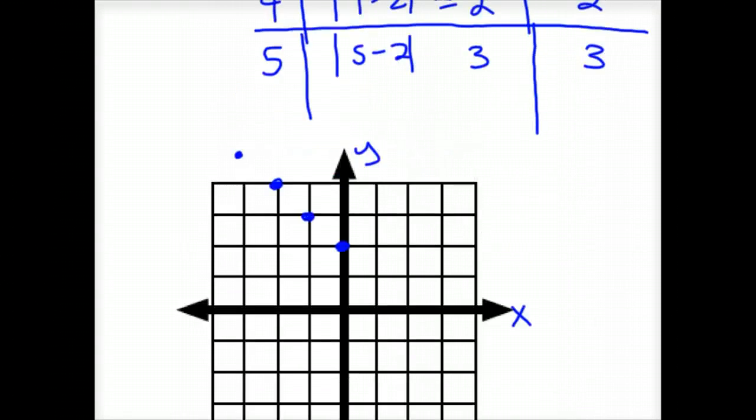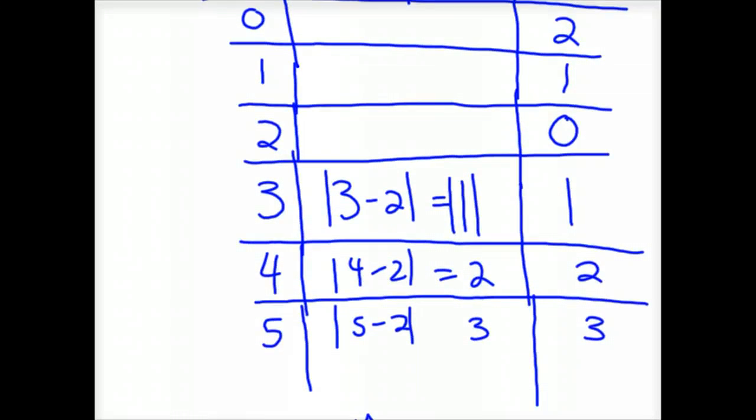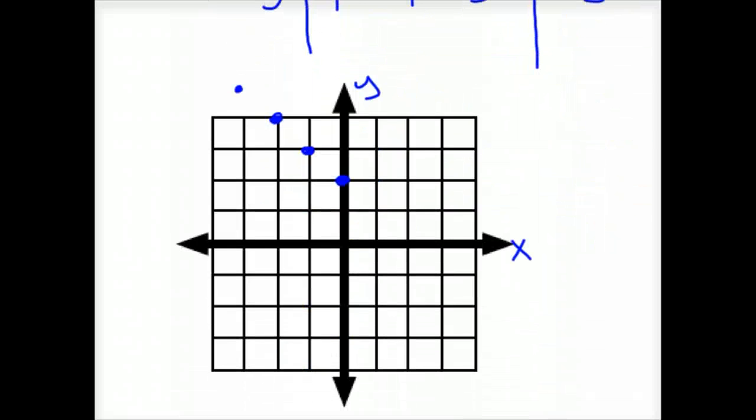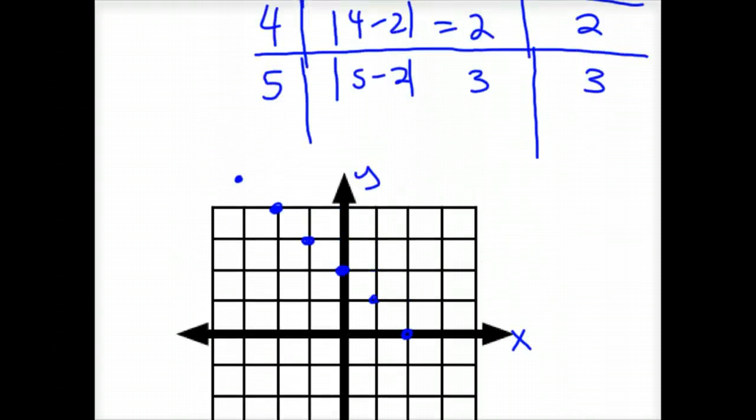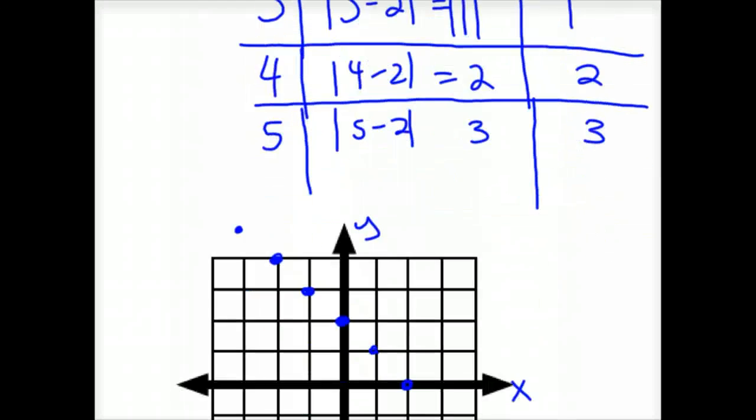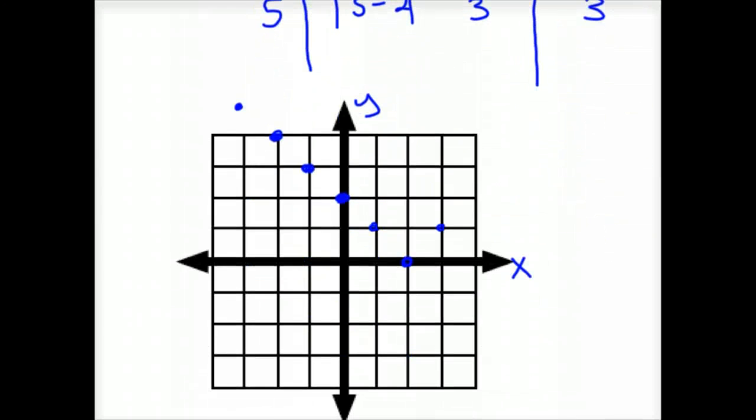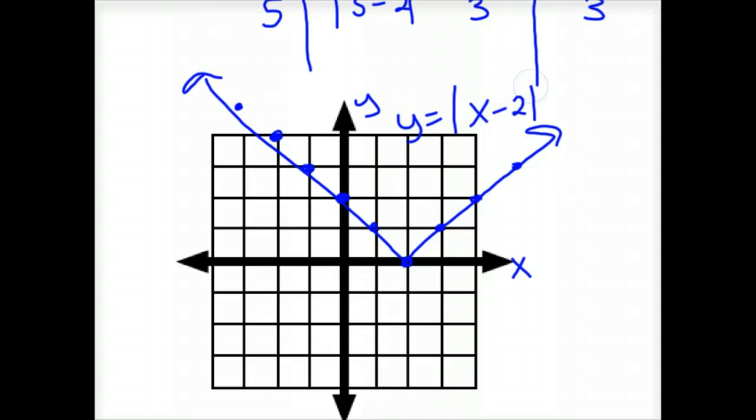Okay, we'll keep going here. 0 was 2, then 1 was 1, and 2 was 0. And then after that it goes 3, 1, so it goes back up. And then 2, and then it actually keeps going like this. So here's what your equation looks like for absolute value. This is y equals the absolute value of x minus 2.